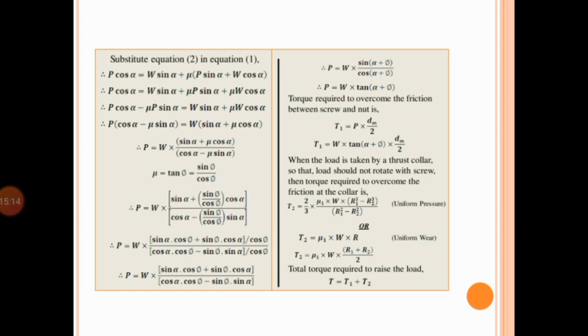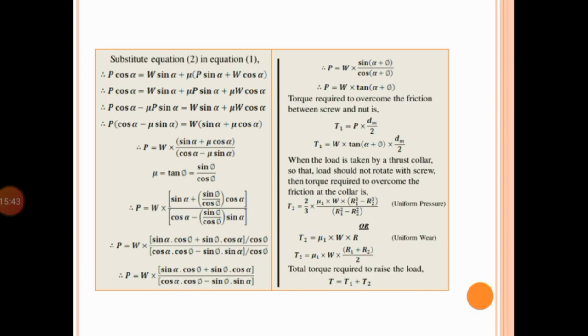By putting that value in the above equation, you get P is equal to W into sin alpha plus sin phi upon cos phi into cos alpha, upon cos alpha minus sin phi upon cos phi into sin alpha. Just by taking the LCM, you get P is equal to W into sin alpha cos phi plus sin phi cos alpha upon cos alpha cos phi minus sin phi sin alpha.